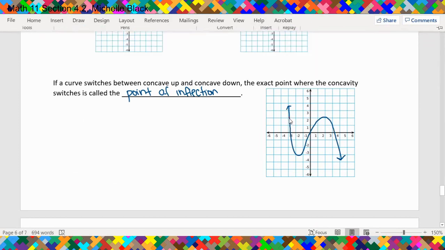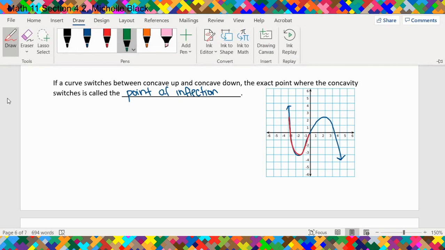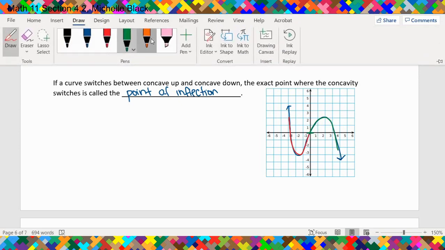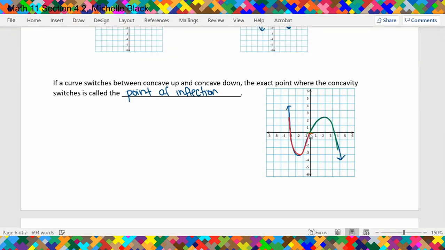We can see for this portion of the graph, it looks as if our graph is concave up. But then there's a point of inflection, where all of a sudden I could say that the graph is concave down. This point in the middle here, wherever that might be for your graph, is what we call our point of inflection. So in the one I drew, it's at 0, 0.